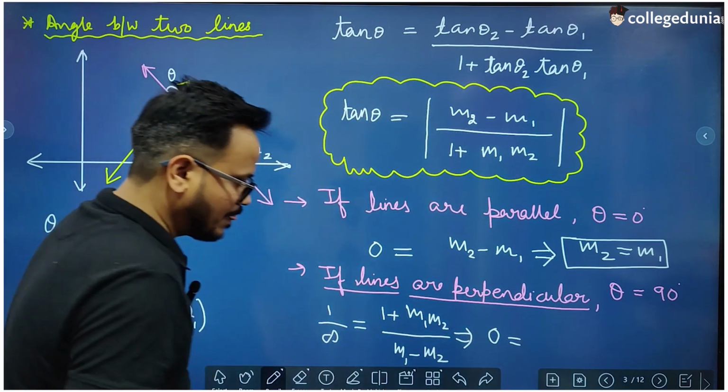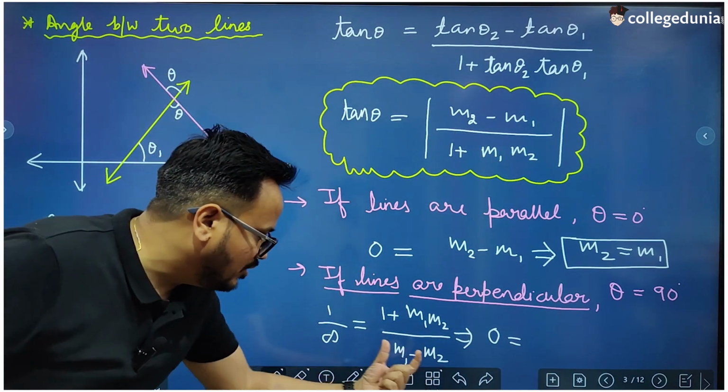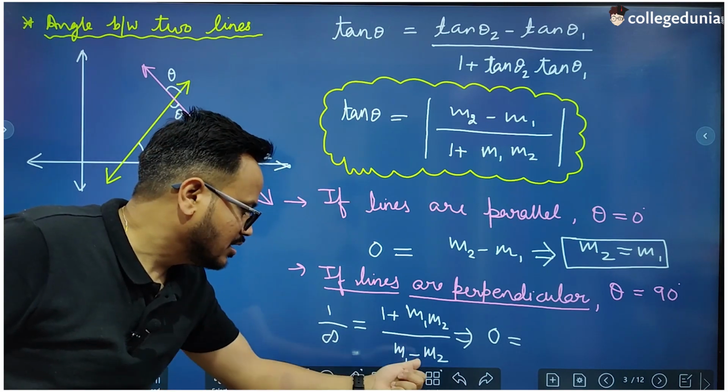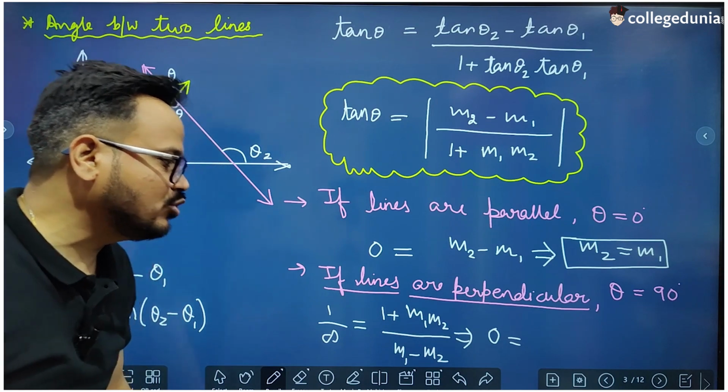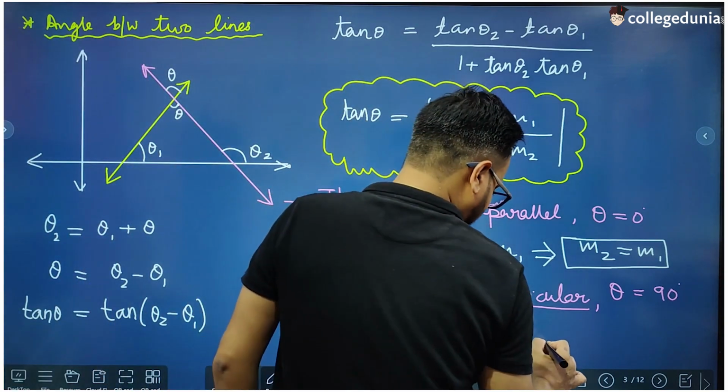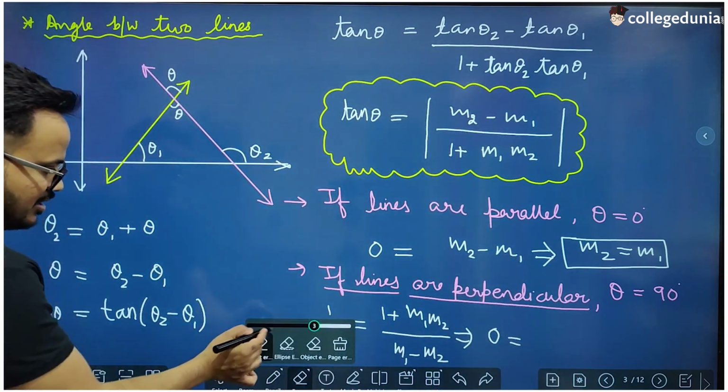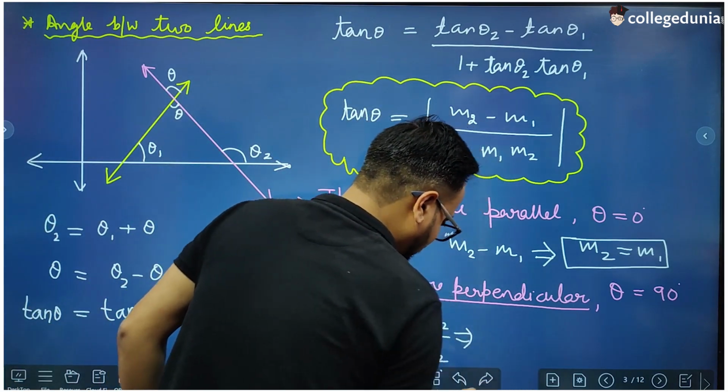So if we put 0, then this whole will go in this side and it will also become 0. So 1 plus m1 m2 is 0, right? So let me write the final result. 1 plus m1 m2 is 0.